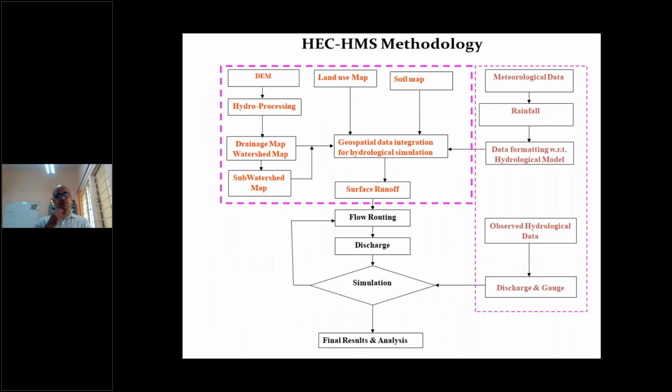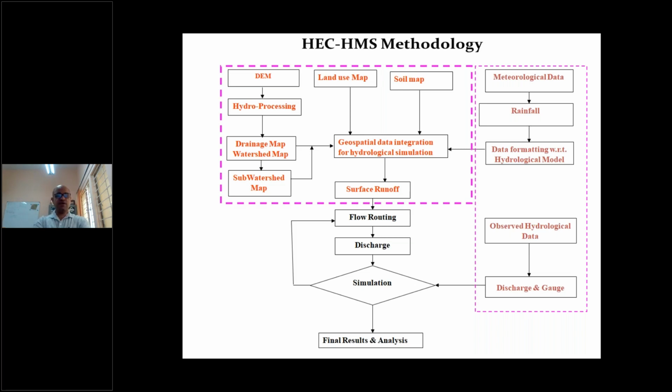Now, the next such kind of model is HMS. This is the Hydrologic Engineering Center's Hydrologic Modeling System. It takes into account the terrain parameters using a DEM, which can be remote sensing derived. It also requires land use land cover, a soil map, and meteorological data.